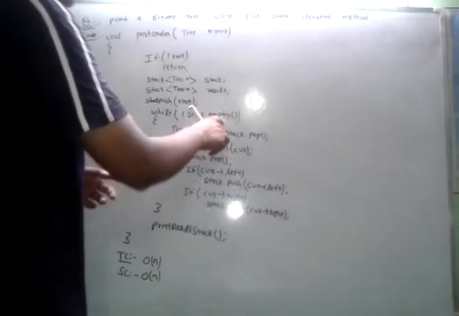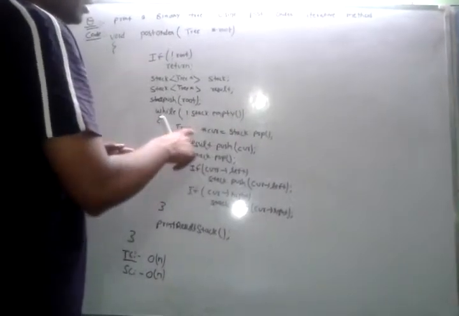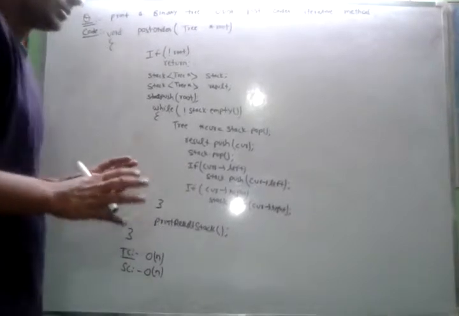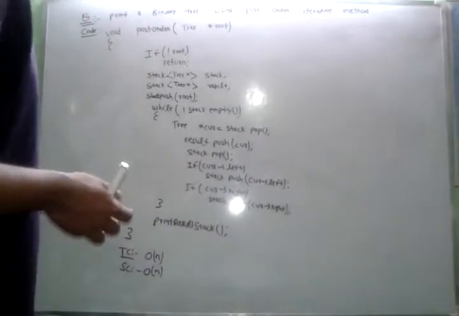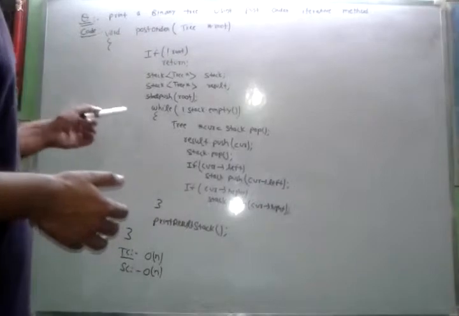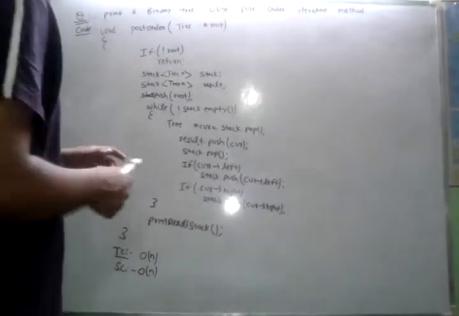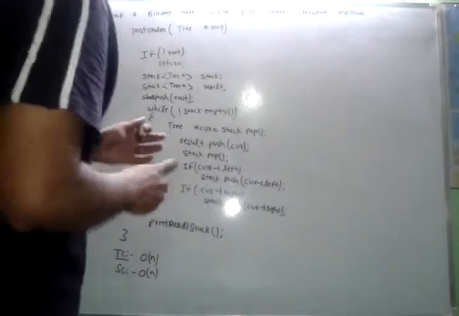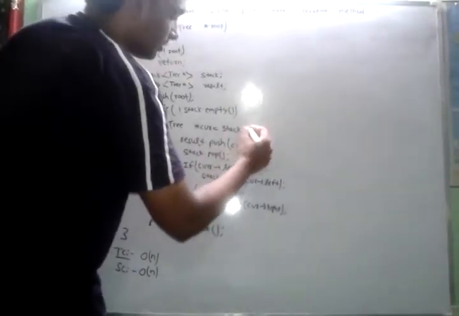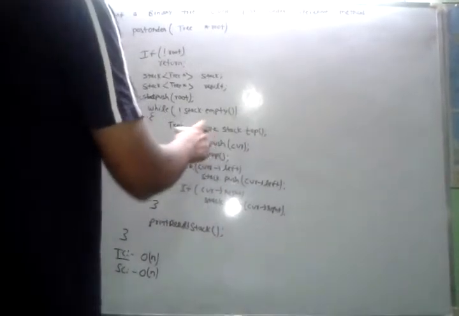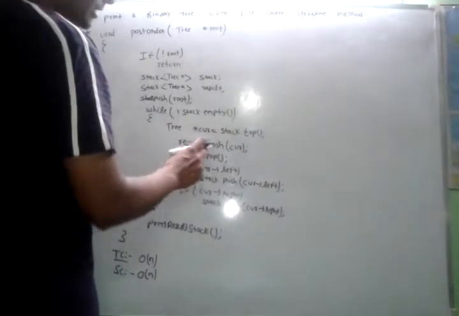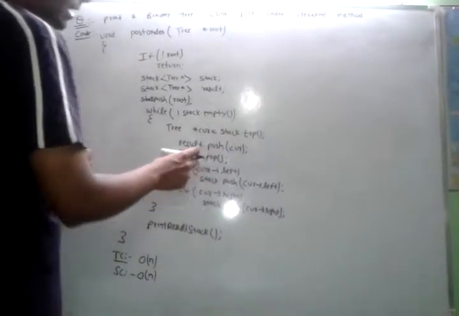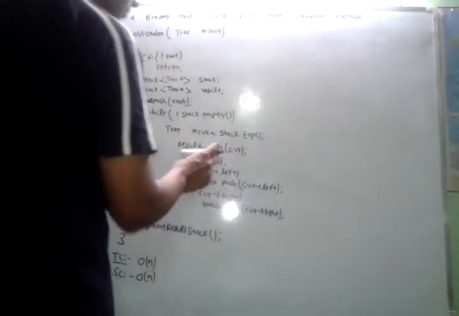We check in that loop whether the stack is empty or not. If the stack is not empty, we do our procedure to print the binary tree in post order. We take the top element from the stack as current, and that element is stored into the result stack, and we pop that element from the stack.